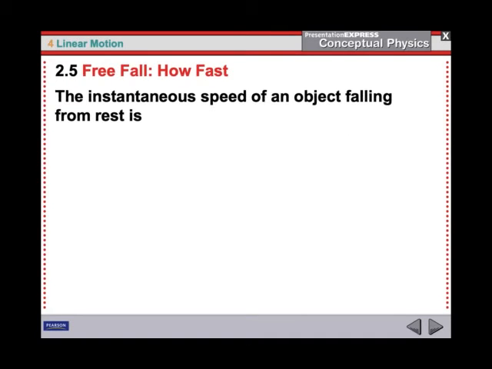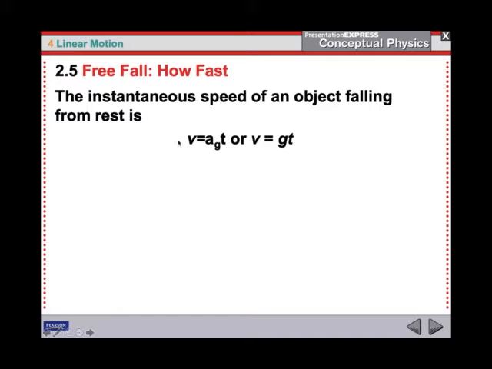So, the instantaneous speed of an object falling from rest in free fall can be calculated using either of these formulas. They're really, let's be honest, the same formula. I like to call this the VAT formula, because it's really easy to remember. It's just a little variation of the A equals V divided by T formula.